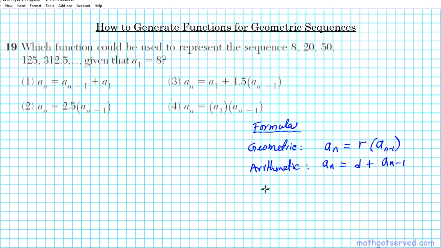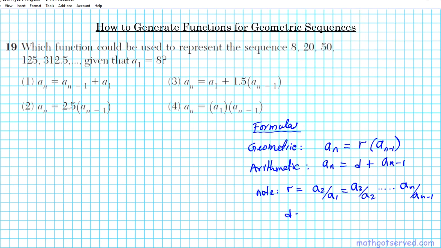So another thing to keep in mind is that the common ratio for geometric sequences is a term divided by the term before it. So let's just use concrete examples. Common ratio is a2 over a1, or a3 over a2, or an divided by an minus 1.